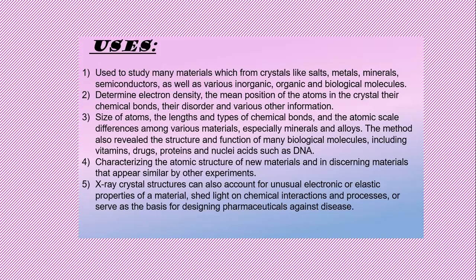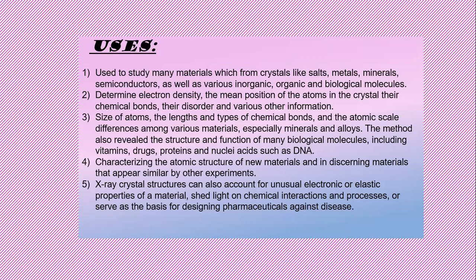Move on to uses of X-ray crystallography. First use is to study many materials which form crystals, like salts, metals, minerals, semiconductors, as well as various inorganic, organic and biological molecules.